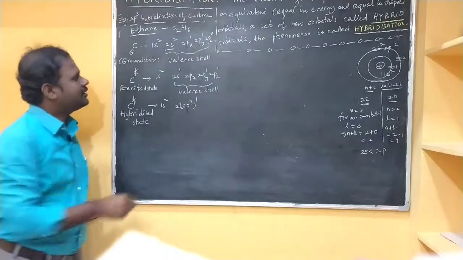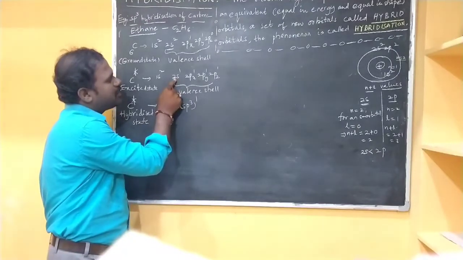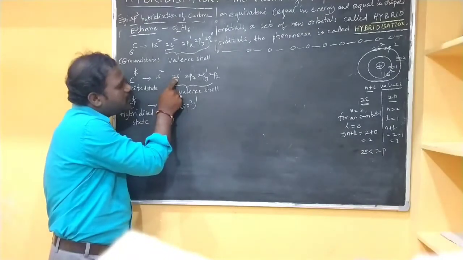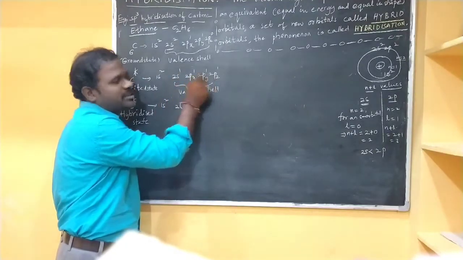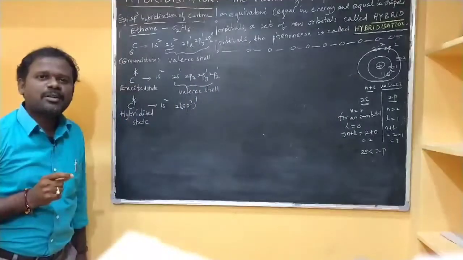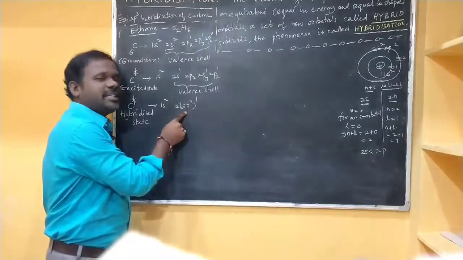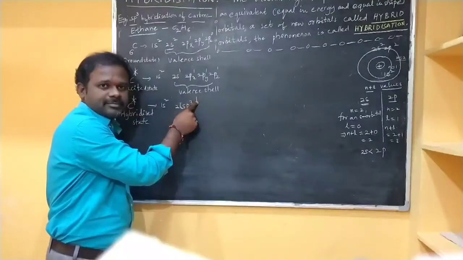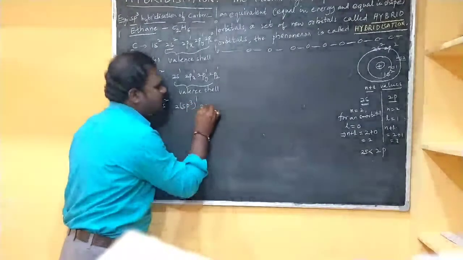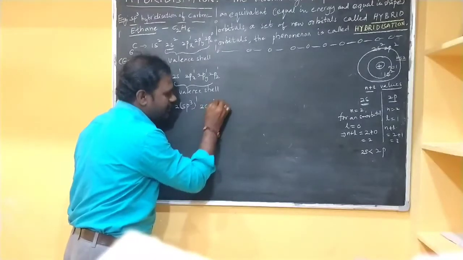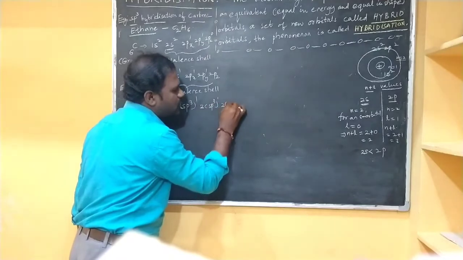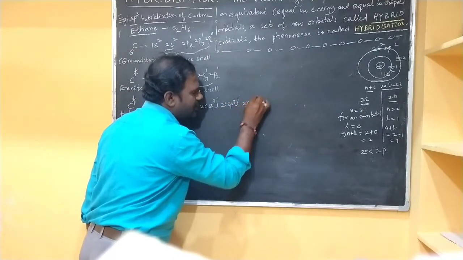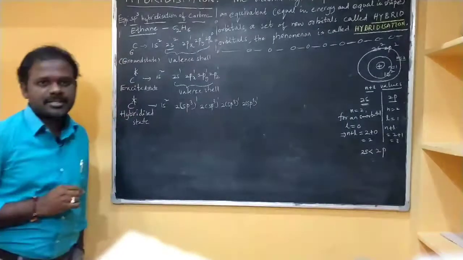Sir, in this there is an intermixing of one 2s orbital and three 2p orbitals for the formation of sp3 hybridized orbitals, each of which contains 1 electron: 2sp3 1, 2sp3 1, 2sp3 1, like that.